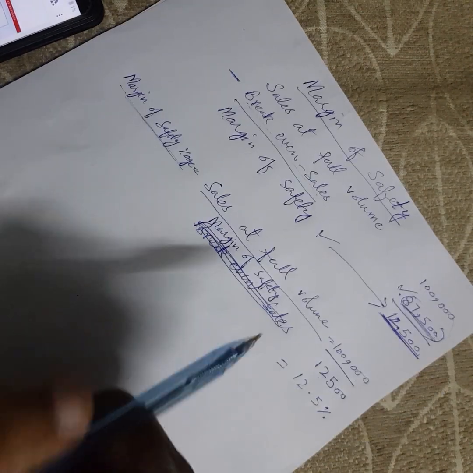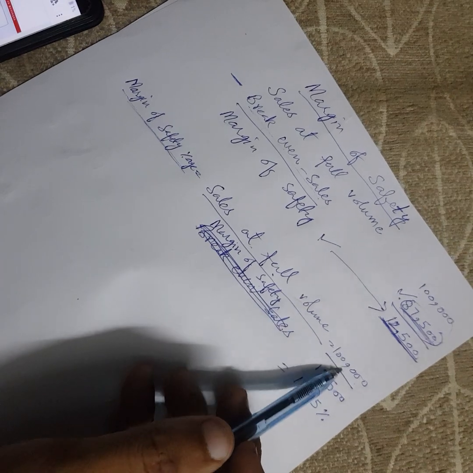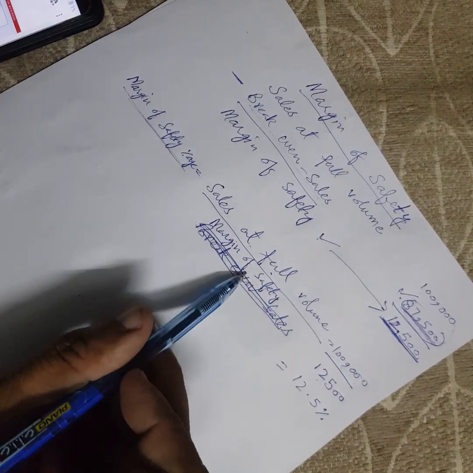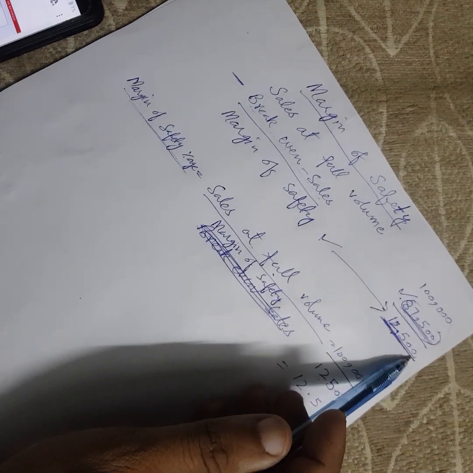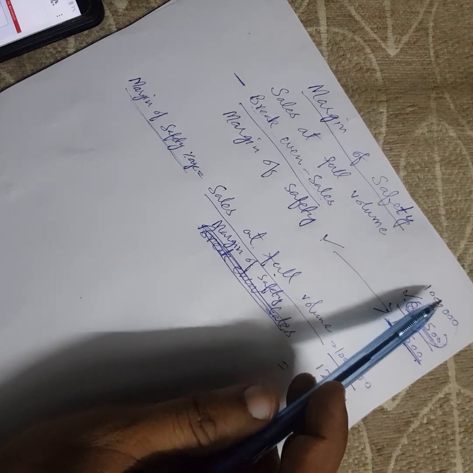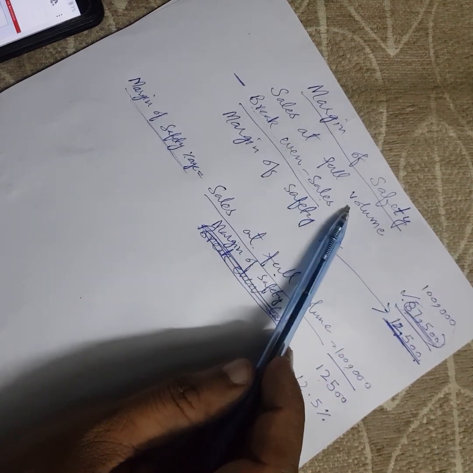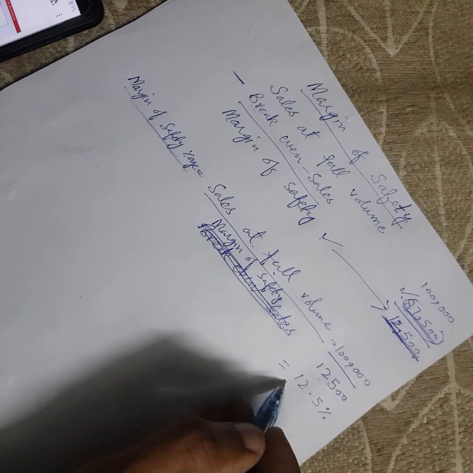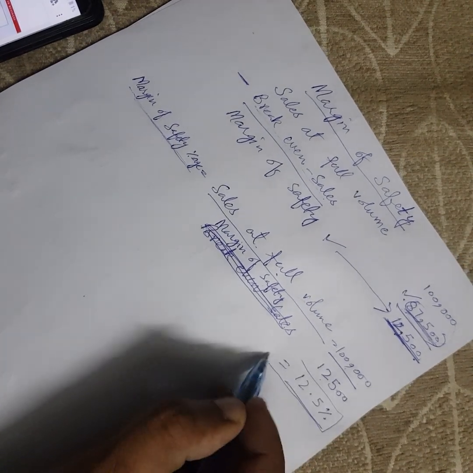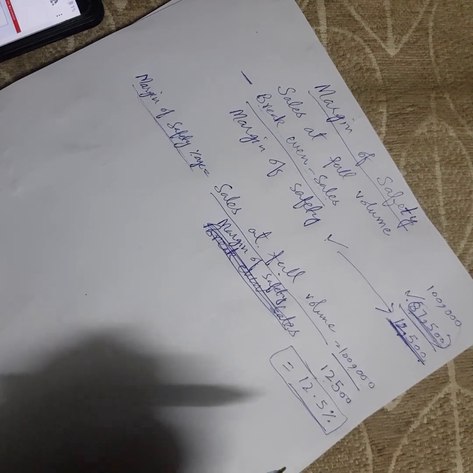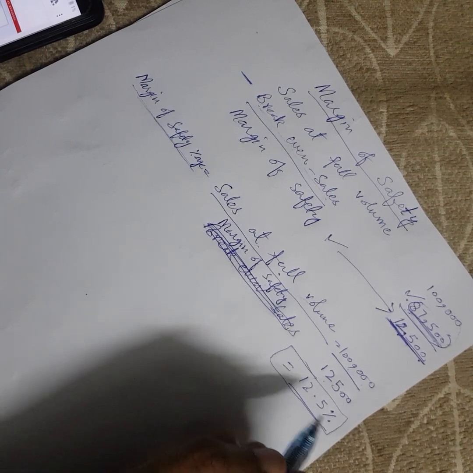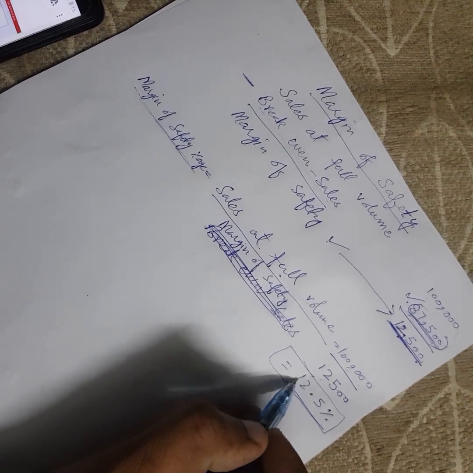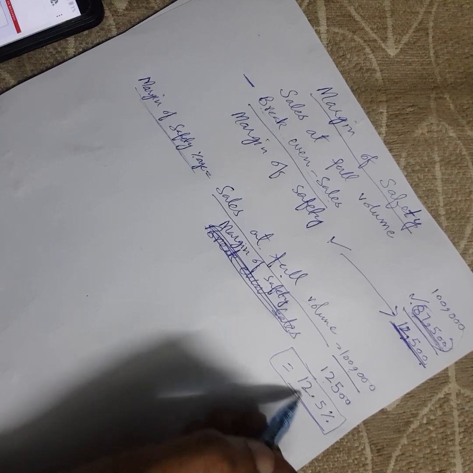For that, we use the margin of safety amount, that is 12,500, divided by sales at full volume, that is 1 lakh. So 12.5% is the margin of safety percentage. We got a profit figure of 12.5% more than our expenses.